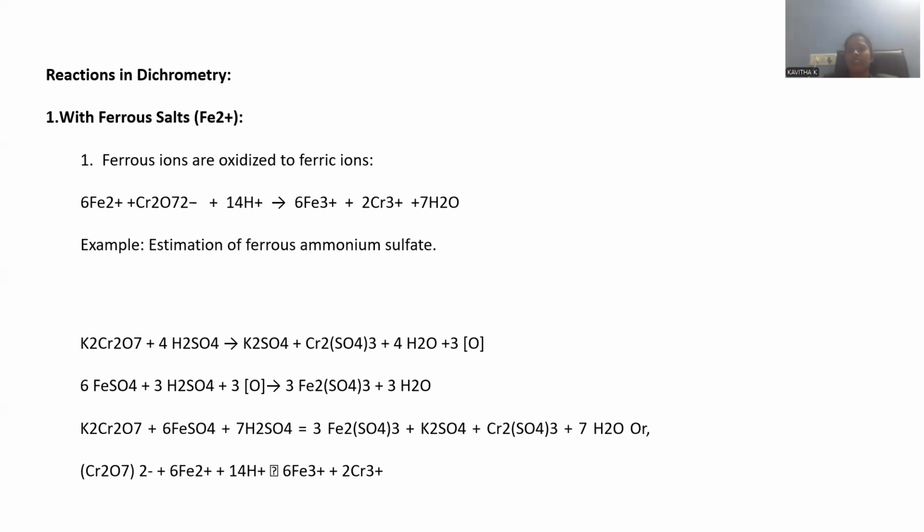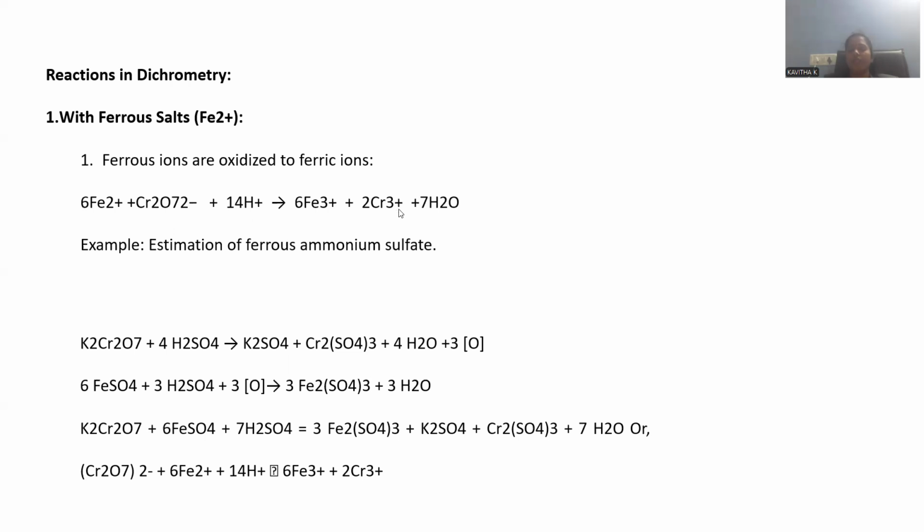quantitatively. This is the way of estimating ferrous ammonium sulfate, which is called Mohr salt. 6 ferrous ions will be taken and Cr2O7 2- will be added under acidic condition. 14H+ is the essential requirement, and the outcome is 6 Fe3+, ferrous turned into ferric; that is called oxidation, by increasing the oxidation number of iron by one.